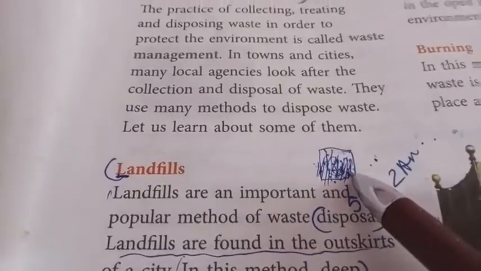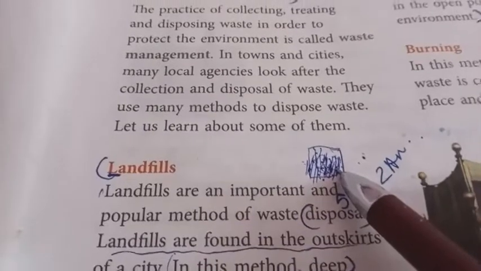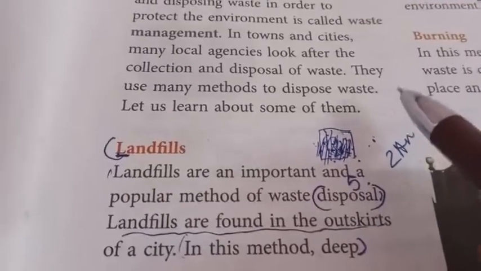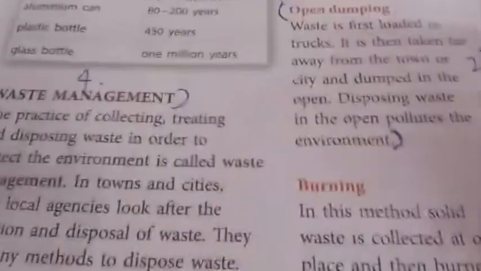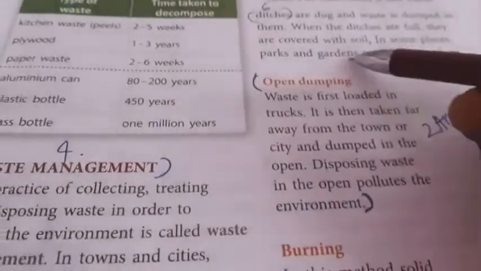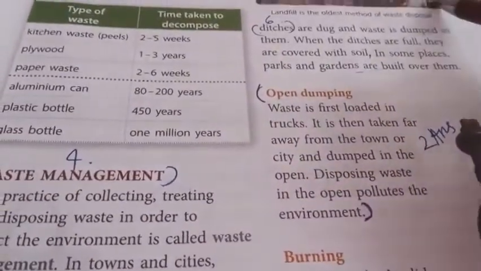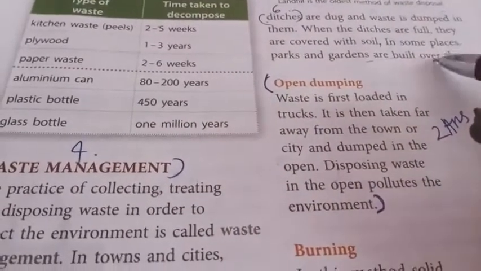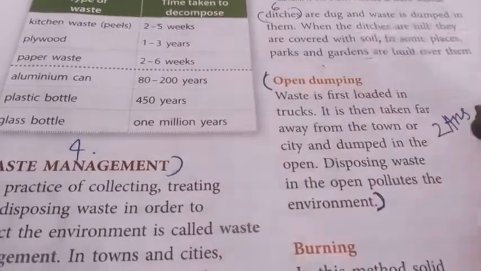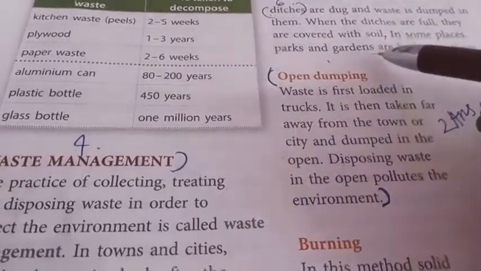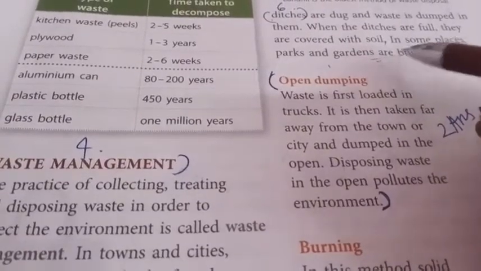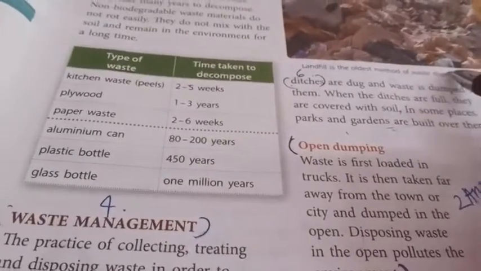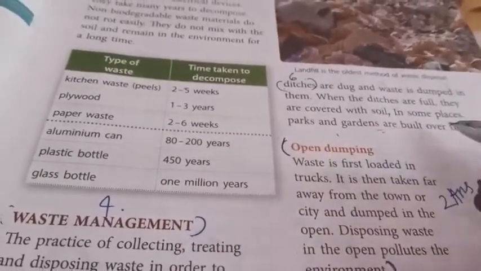So below the soil, all the waste material will decompose along with the soil. Okay, it says in our book, some gardens and parks are built over it. In the big area where they fill waste, they build parks and gardens, because where the garden is built, they get very good fertile soil for the plants to grow.